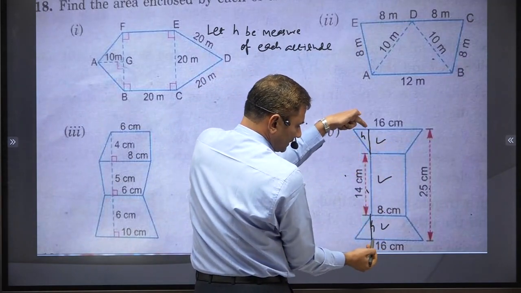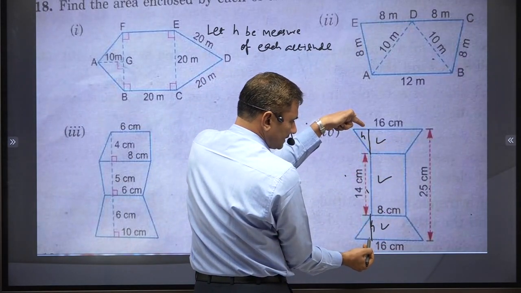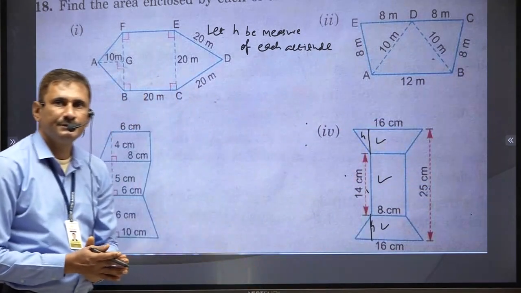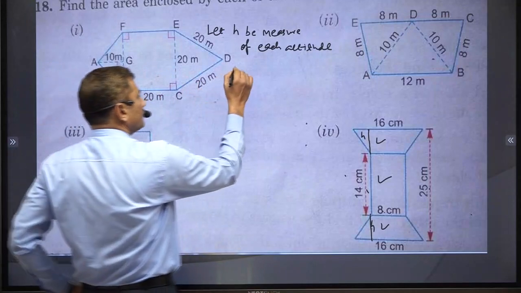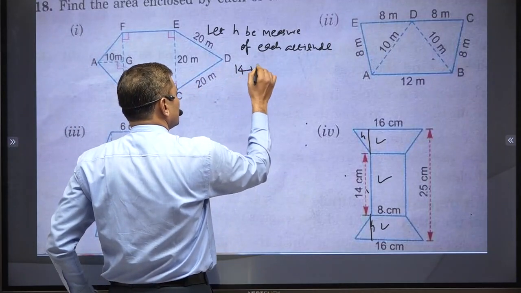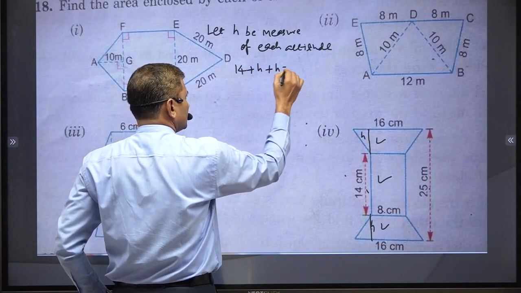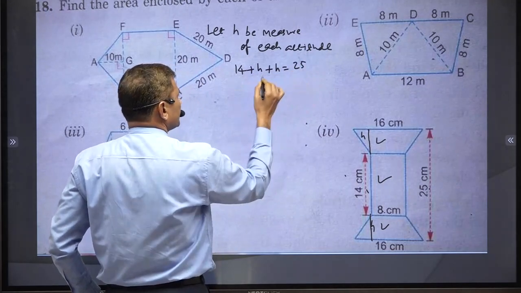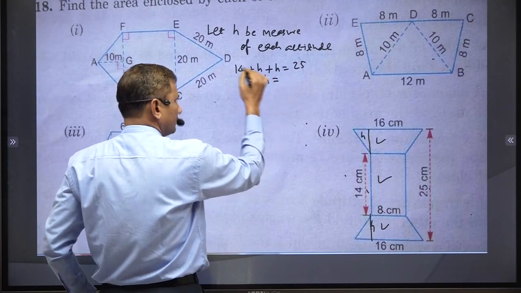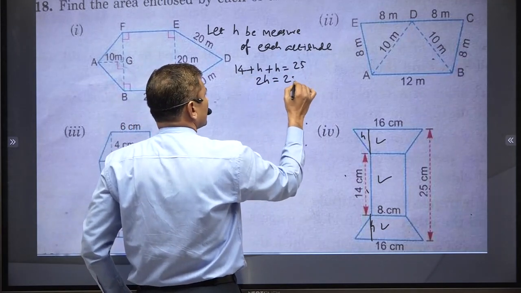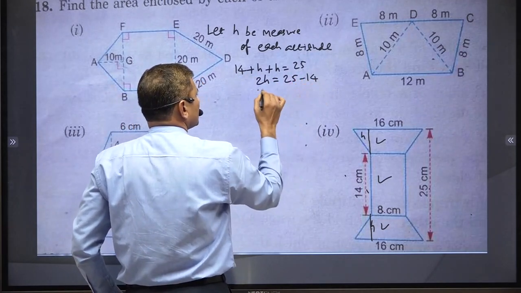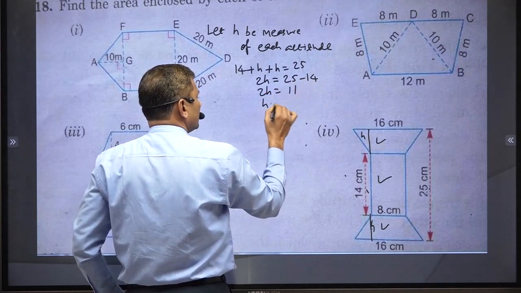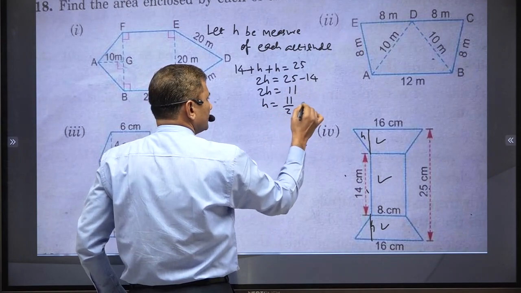From the first to the last horizontal line, the total distance is 25. So I can write 14 plus 2h equals 25. So 2h equals 25 minus 14, so 2h equals 11. So h equals 11 by 2 centimeter.